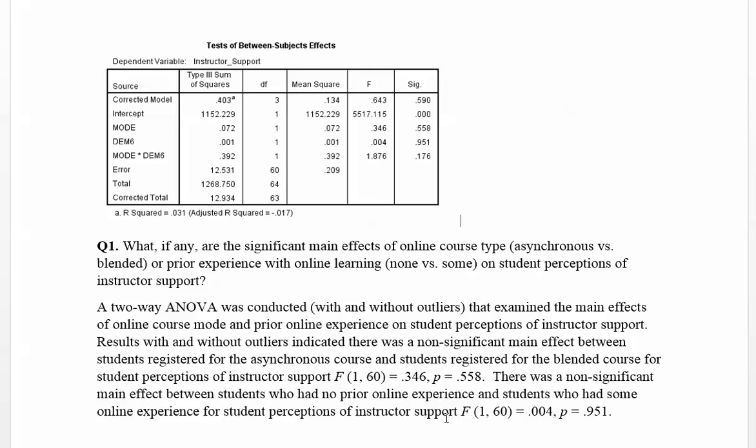And by the way, this is different terminology than I've seen in other places, but this is what Field uses. So non-significant main effect between students who had no prior, we're talking about DEM6 right here, no prior online experience, and students who have some online experience. And I believe my numbers are looking good here. So that takes care of my research question 1. So if you would please let me know if I'm on the right track with that.